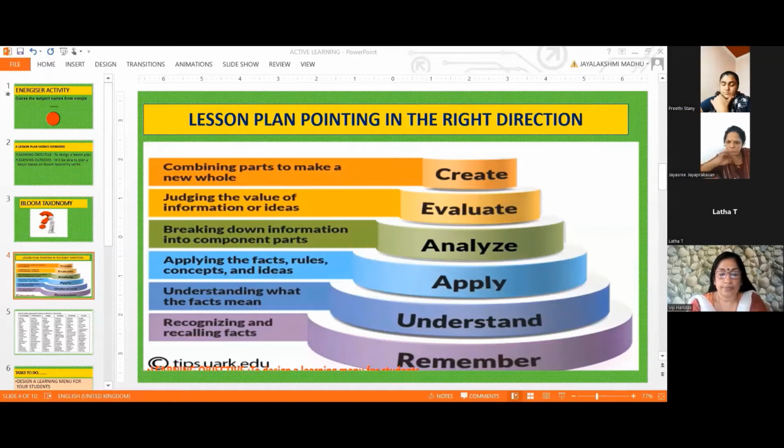Otherwise, he or she can't understand or evaluate the higher order thinking questions. So as a teacher, we have to teach from the lowest level to the highest level.